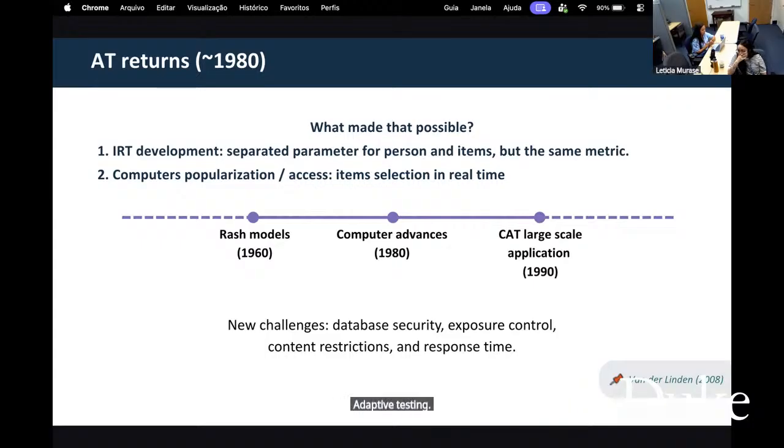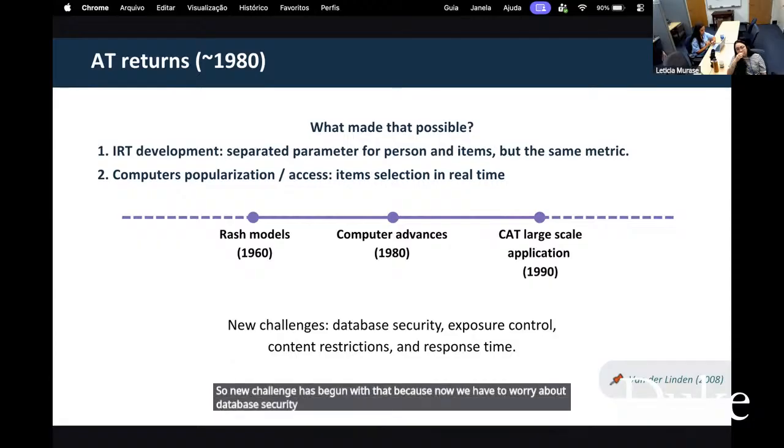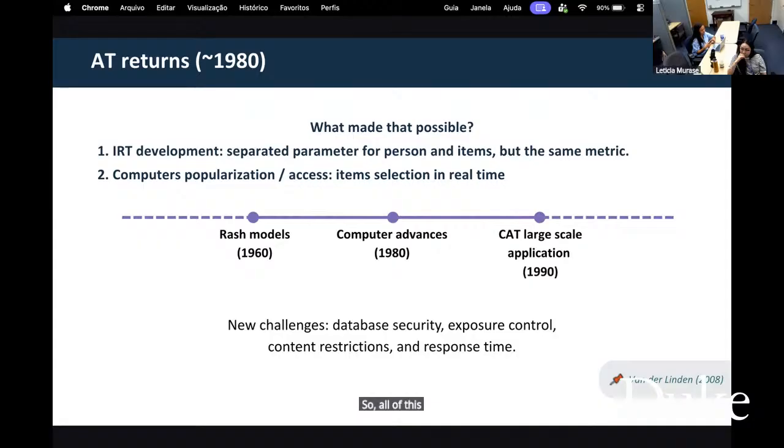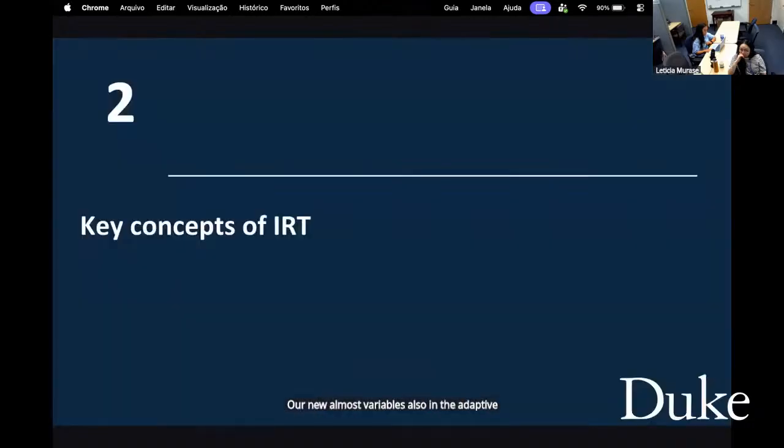So a new challenge began with that, because now we have to worry about database security, exposure control, content restriction, and response time. So all of these are new variables in adaptive testing.